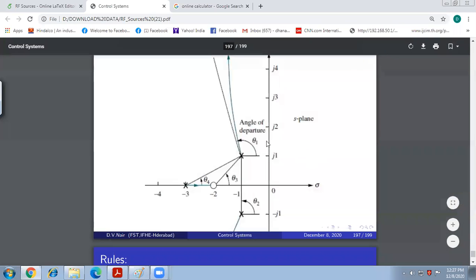So here quickly is the example again which we initiated in the last discussion. Quickly look at the concept of angle of departure here.